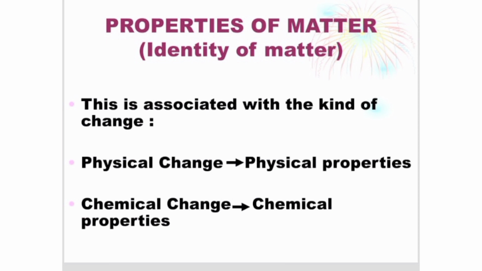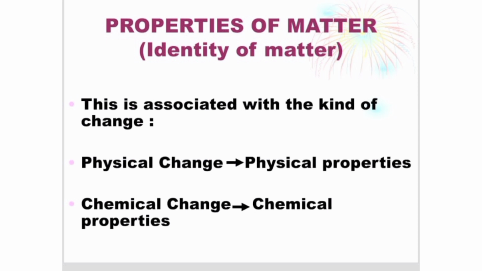Another example is the cooking of an egg. When you cook an egg, the action is irreversible. The boiled egg cannot return back to its original state. Talking about these changes, they are associated with the properties of matter. The dissolution of that solid in water or any other solvent defines its solubility.